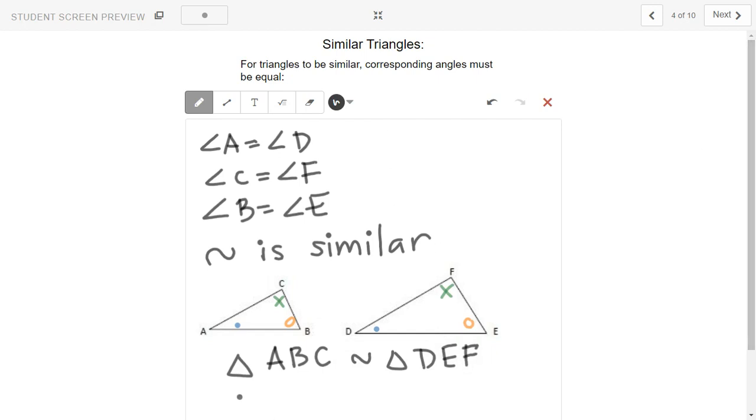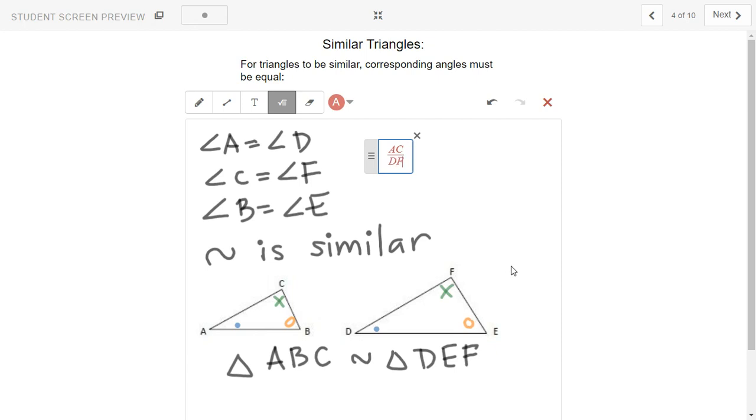Now, if the triangles are similar, then all of the sides are also going to be in proportion to each other. We have this side AC. This is in proportion to the side DF.